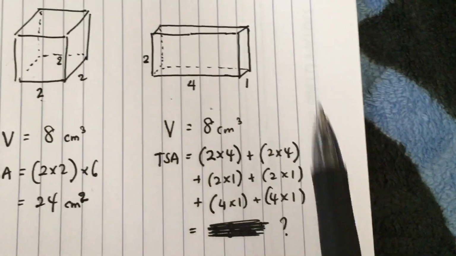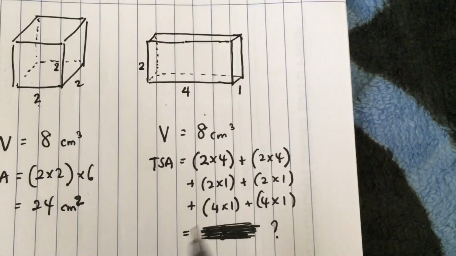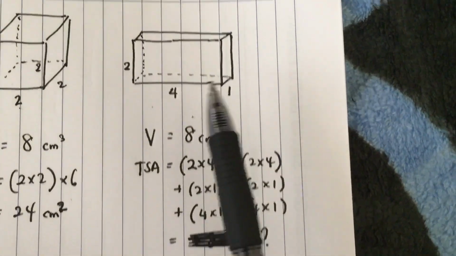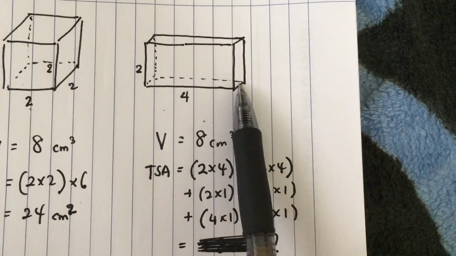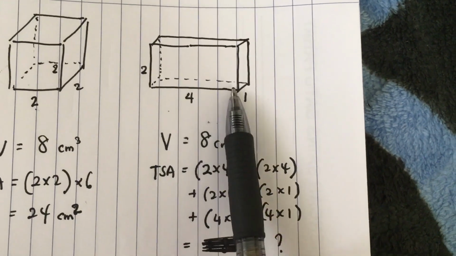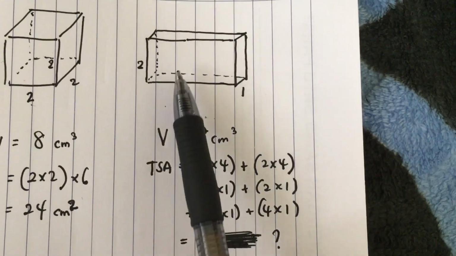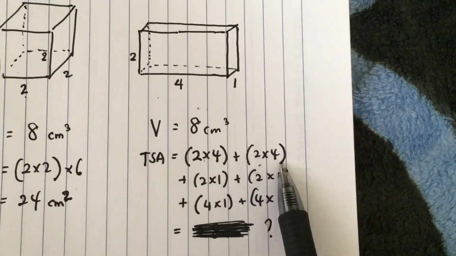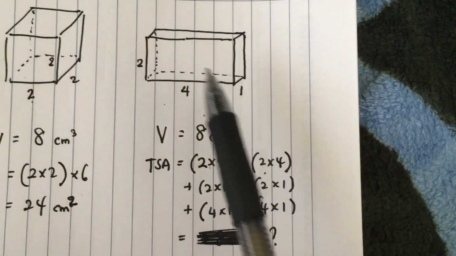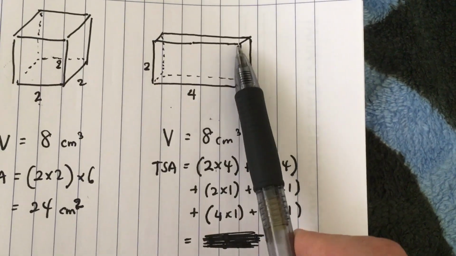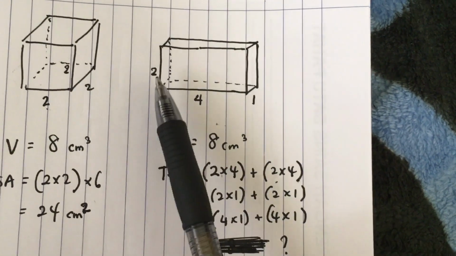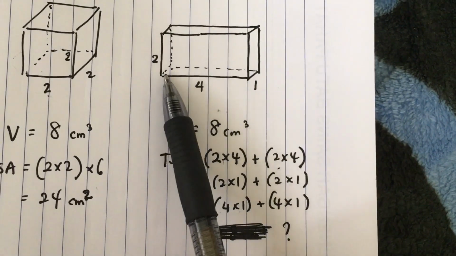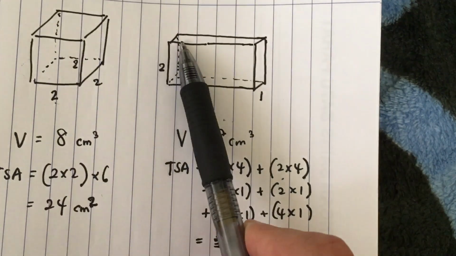Now over here, same volume. Okay, let's calculate the surface area, jumlah permukaan, luas permukaan. So this area is 2 times 4. Okay, the one at the back, yang di belakang, also 2 times 4. 2 times 1 is this area right here. Okay, we have 2, 1 on each side. We also have 4 times 1, which is the one down here, and also on the top.